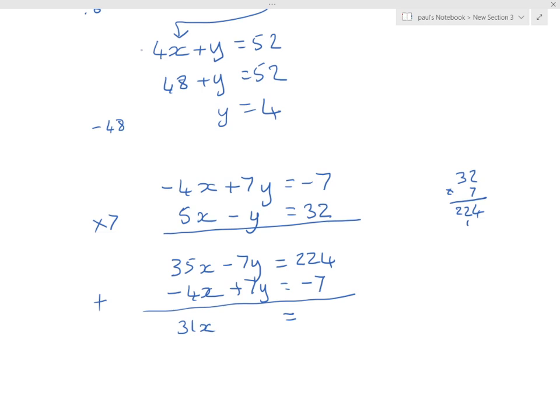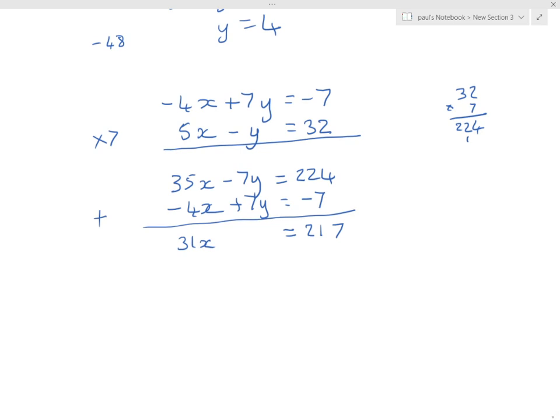224 minus 7 is 217. So now we're left with dividing by 31.